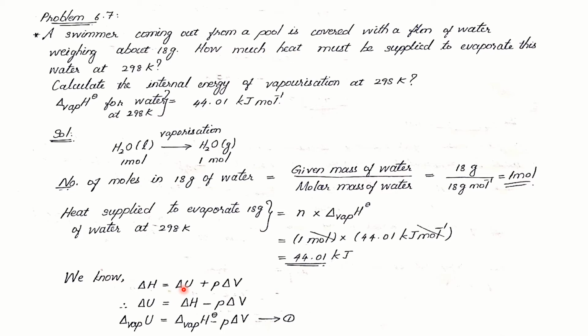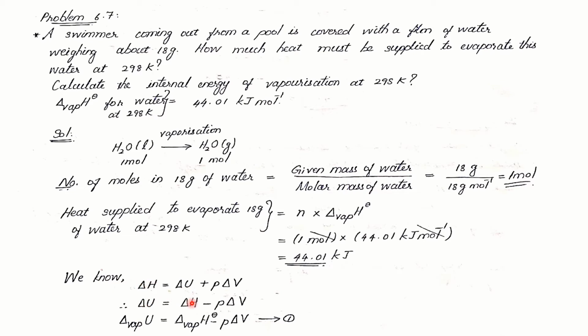Okay, so which equation will you choose to solve this problem? You will choose delta H equal to delta U plus P delta V, as it relates the internal energy change of a system with the enthalpy change of a system. Now since we are asked to calculate the internal energy of vaporization, we will bring delta U to the left hand side and delta H to the right hand side.